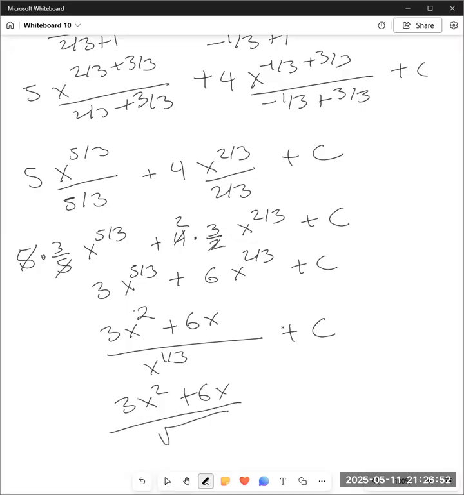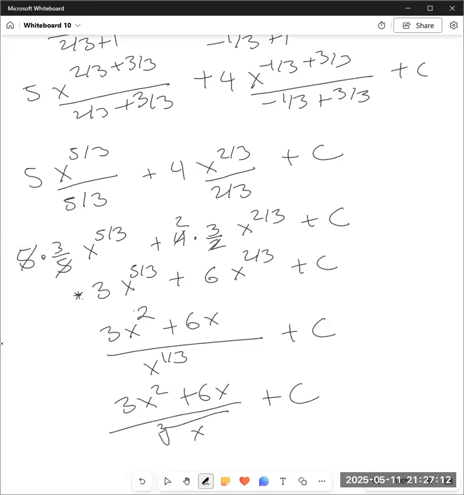Just change that back to a cube root of x, and it looks the most like the problem that we started off with, though nothing is wrong with this answer here or this answer here or this.